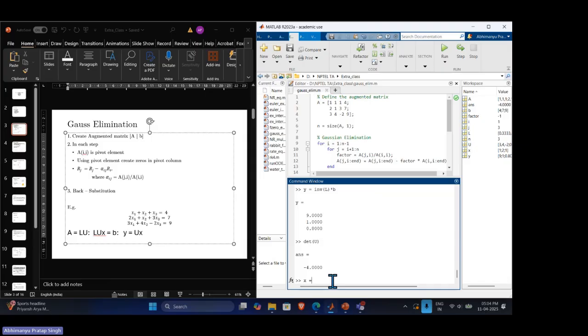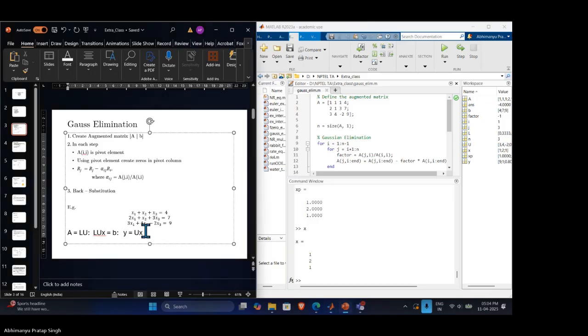So my X, or I will just call this XB, is inverse of U multiplied by Y. So this is our XB and this is our X. We are getting the same answer using both methods.